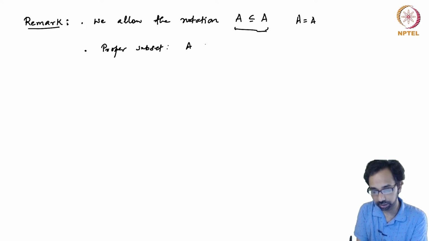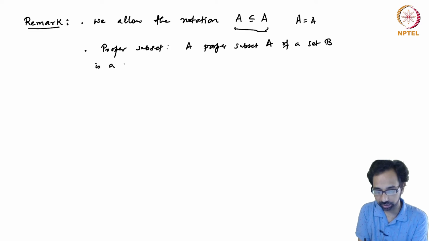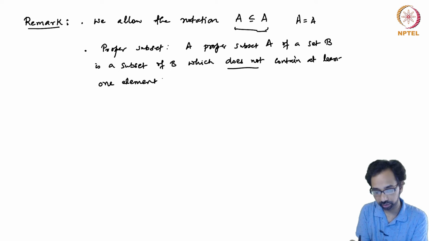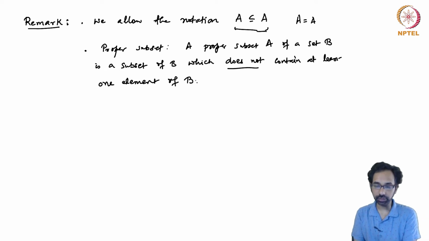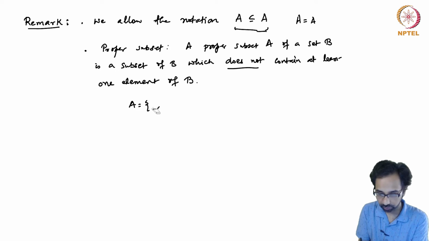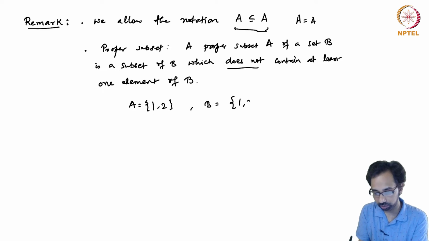A proper subset A of a set B is a subset of B which does not contain at least one element or member of B. For example, you have the set A, let me write 1, 2, and B can be 1, 2, 3.